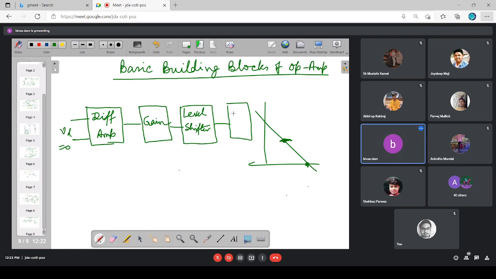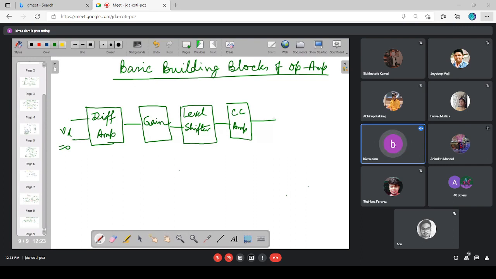So this CC amplifier tries to ensure almost 0 output impedance. So these are the 4 basic building blocks of the operational amplifier.